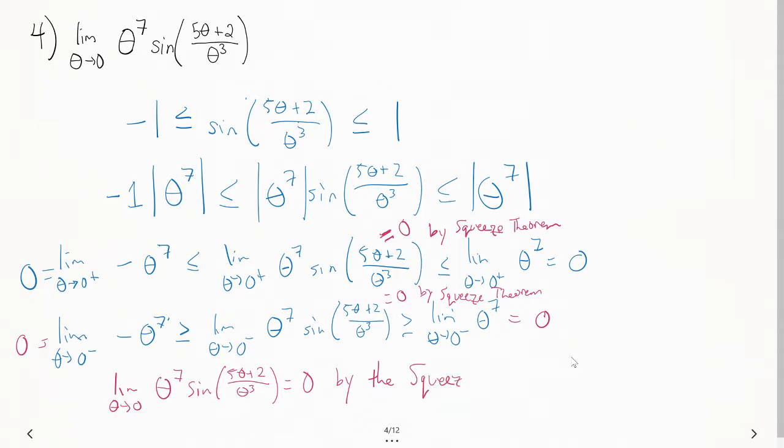And then I added in one extra part that actually allows it to be by the squeeze theorem. Notice our left-hand limit and our right-hand limit are equal. Right? You always need the left-hand limit and the right-hand limit to be the same in order for the limit to exist. So we had that happen. We're good to go. Any questions on that one? That one's kind of tricky, so I know where we can have some things fall apart here.